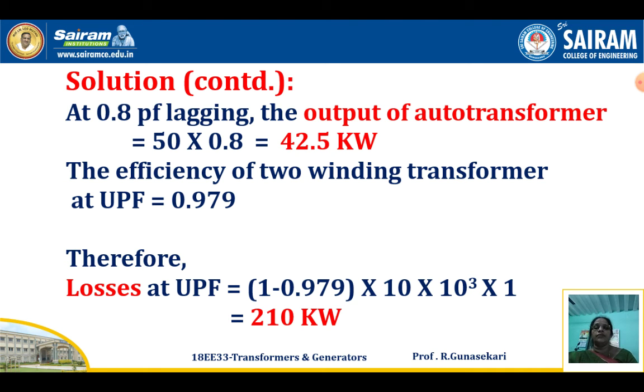That is the formula. kVA is 50 and power factor is 0.8, so we get 42.5 kilowatts.